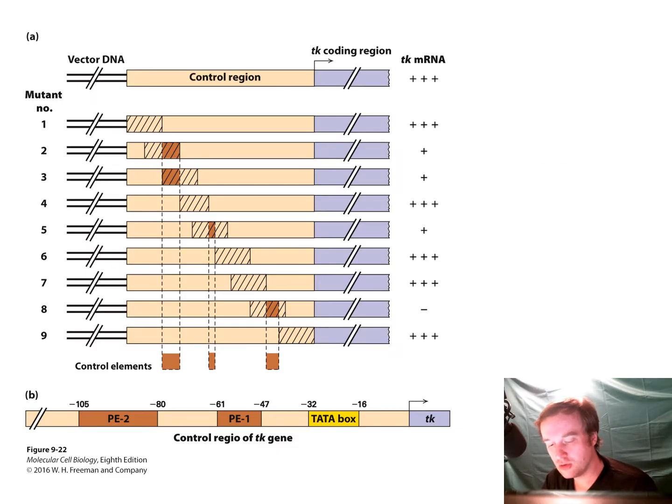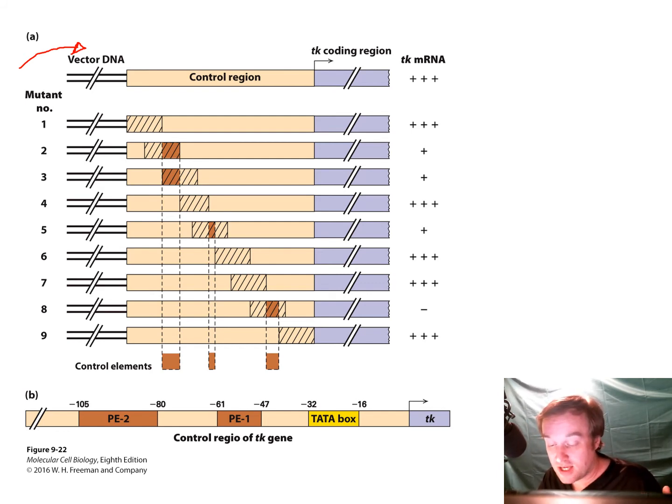How do we know what these elements are in the promoter or control region that lead to changes in expression, or which are vital conserved elements for gene expression? One experiment you can do is called a linker scanning mutation experiment. We take a vector, so we create our own gene under a promoter we want to study.